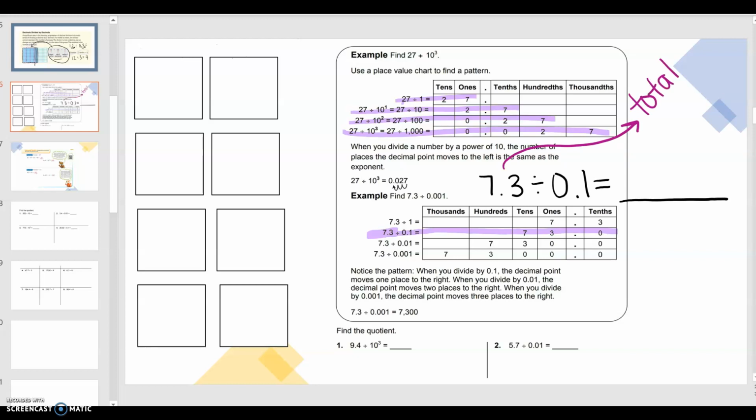And now, because we have a decimal, this is going to be the amount in each group. I apologize for the penmanship here. And then the quotient is going to be the number of groups. All right, so let's get started.